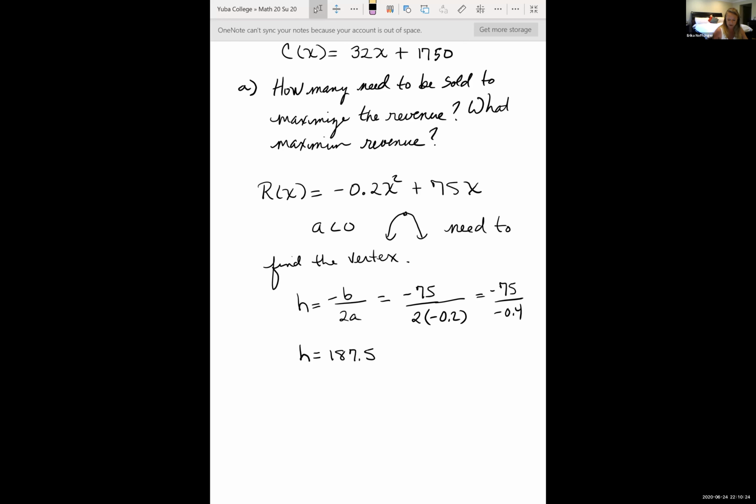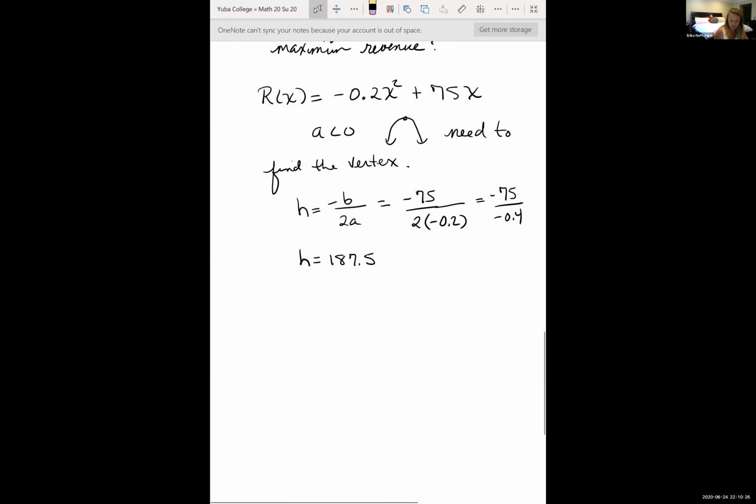Okay, so they do not look at it as being half a watch. They either round up or round down because it's symmetrical. This is 0.5, so if I round it up, it's the same distance as if I rounded down. So it's going to be either 187 or 188 watches.